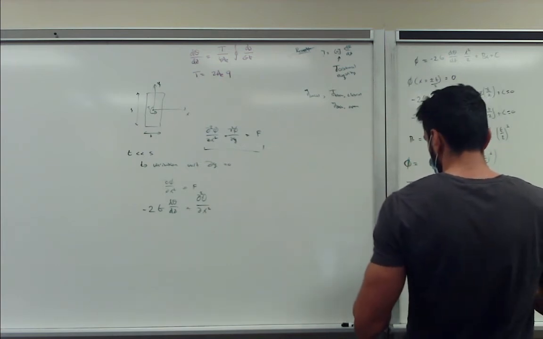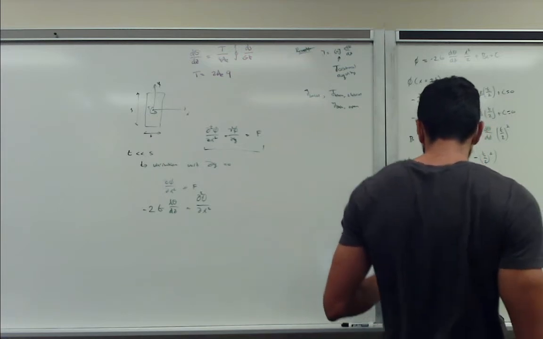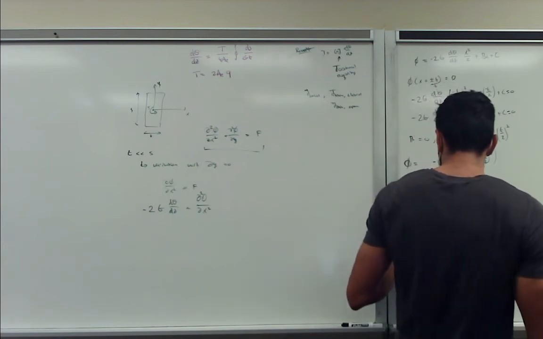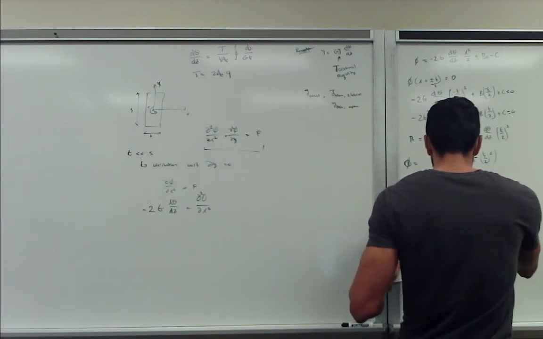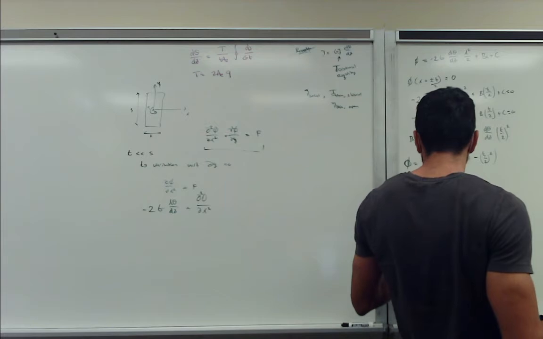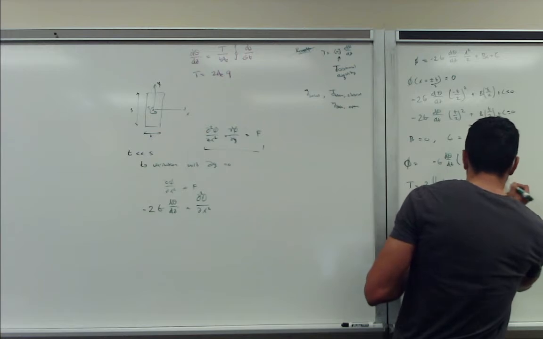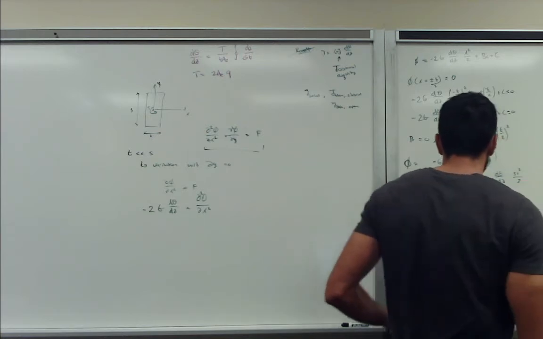So what we should get is G d theta dz times s t cubed over 3.